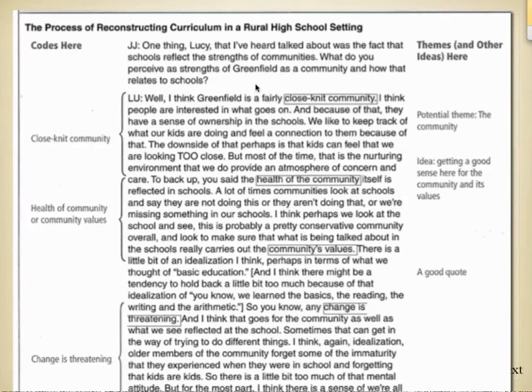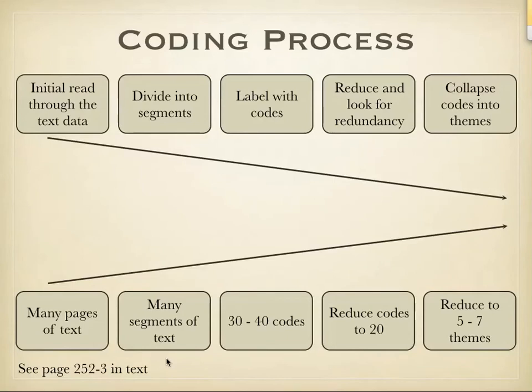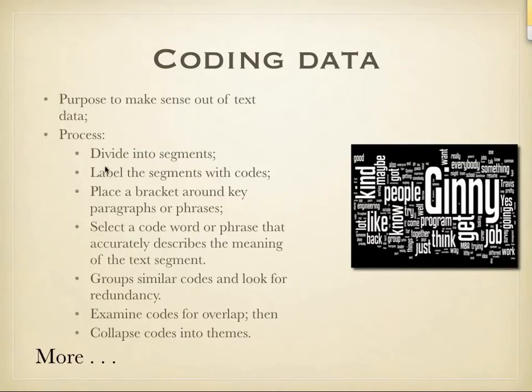So you give that segment a code. And like we said, in our diagram, you're going to come up with 30 to 40 codes possibly to represent all the different segments that you're discovering. So you divide the text into segments, and then you code each of those segments.